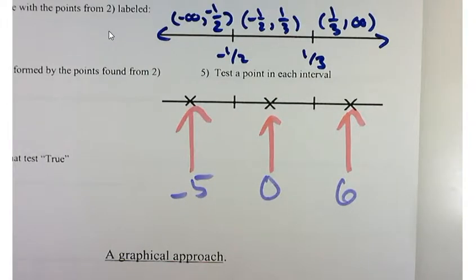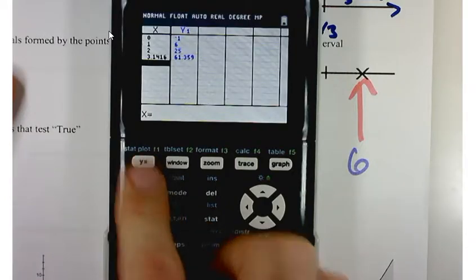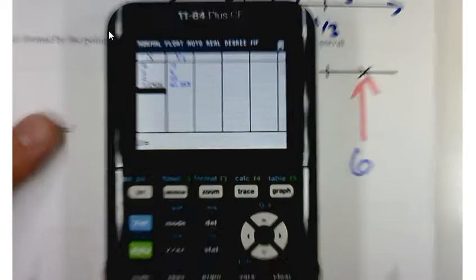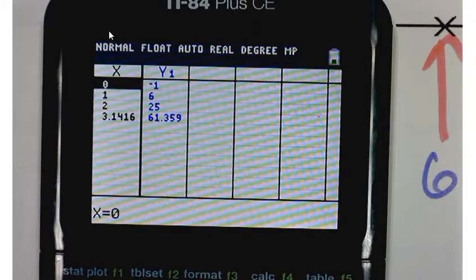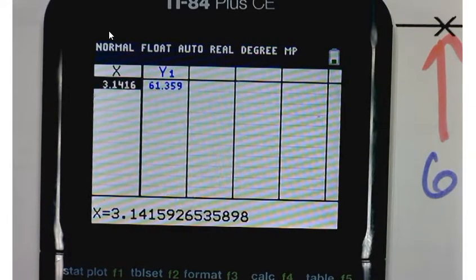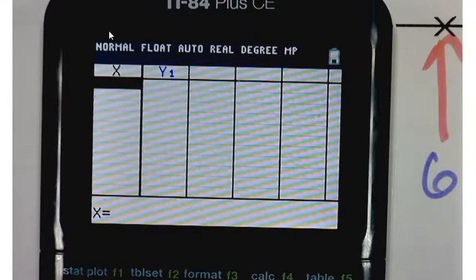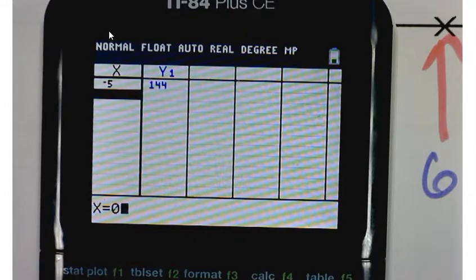In any case, we're going to test these in this expression and find out if it makes it positive or negative. There's good news for us. We already have that expression in our calculator. So let's go back here, and I'm going to delete all these values so I can start from scratch. And the values that I wanted to test were negative 5, 0, and 6.